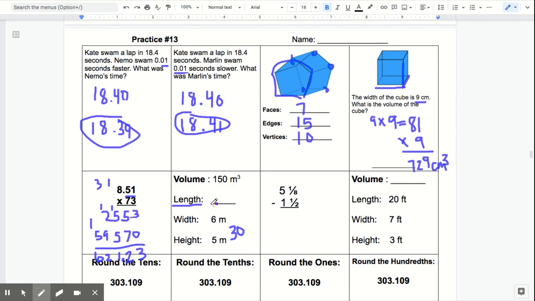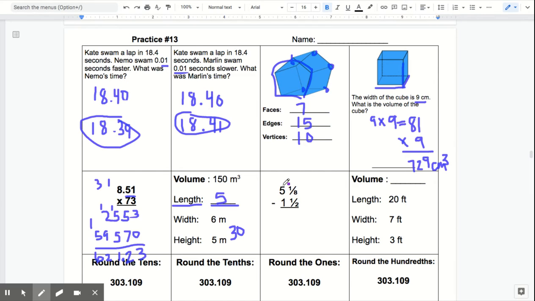So 30 times what can get to 150? So you can count up by 30s. I like to count up by 3s till I get to 15. So how many times can 3 go into 15? 5. So the length would be 5. 30, 60, 90, 120, 150.